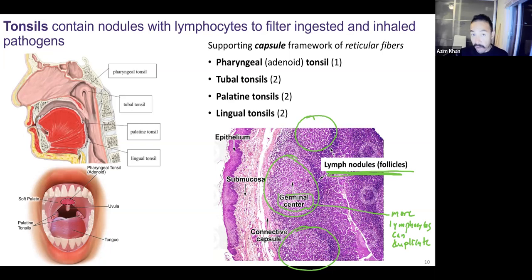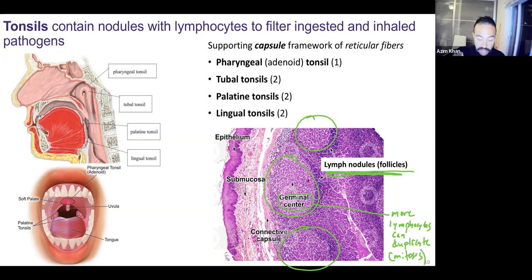So really the process that's going on here is mitosis. This is the region of mitosis of these lymphocytes. We can make more in response to an infection. Which is why if you have an infection in your throat region, one thing that can swell up are your tonsils. And we'll talk about lymph nodes too, those can swell up as well.